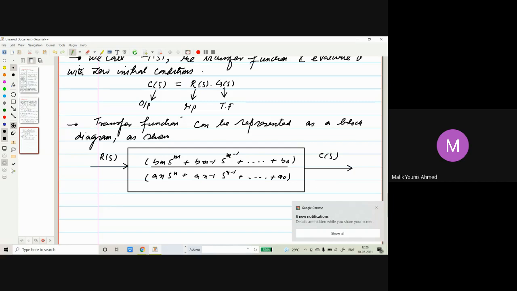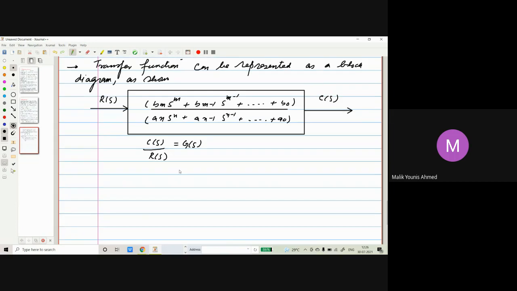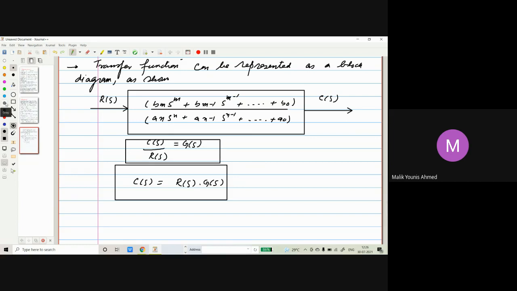So it clarifies here that C of S by R of S is G of S, and G of S is represented by this transfer function, which itself means that C of S, the response, can be written as input into the transfer function. Both of the expressions you have to remember. We can box it, very important expressions.